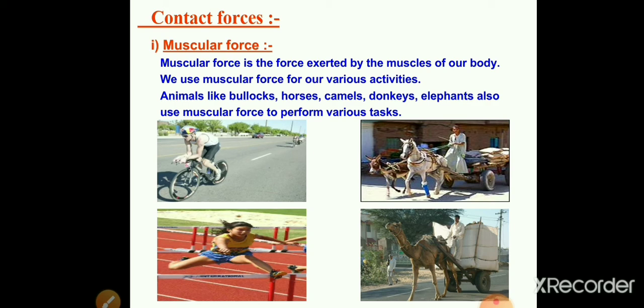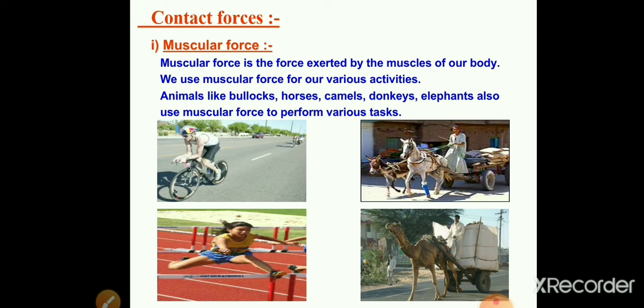The force is produced by the muscles of our body. So the force produced by the muscles of a living being is called muscular force.